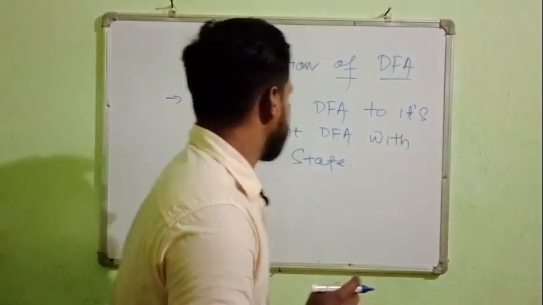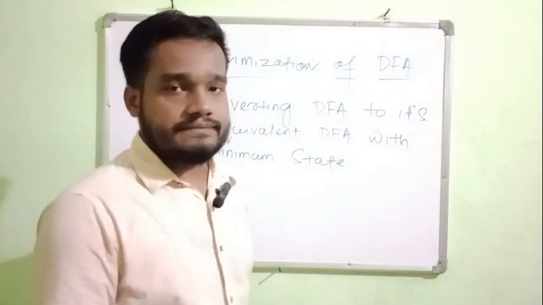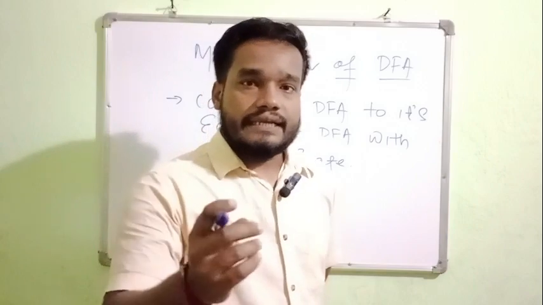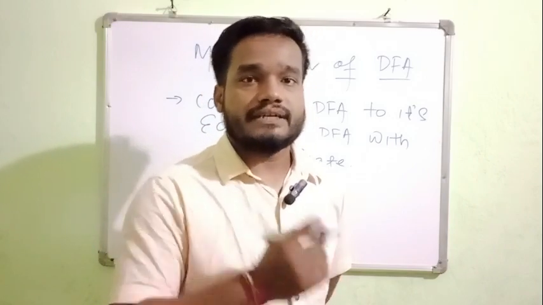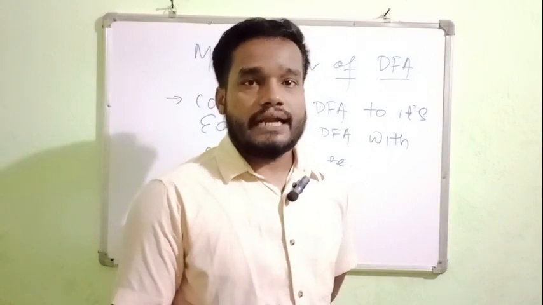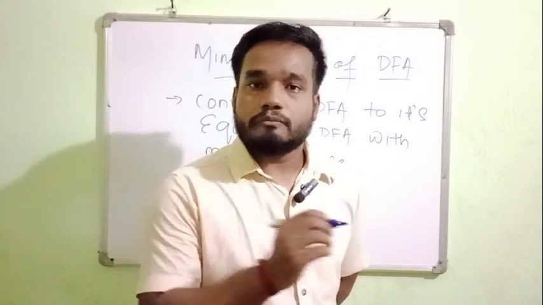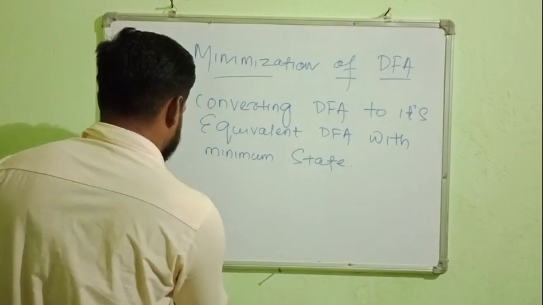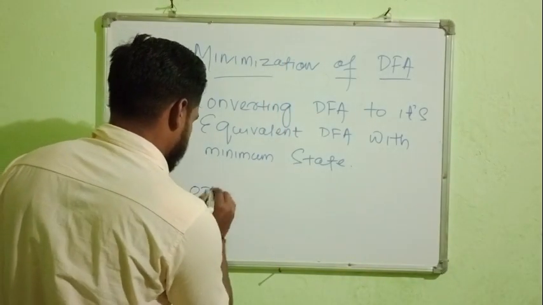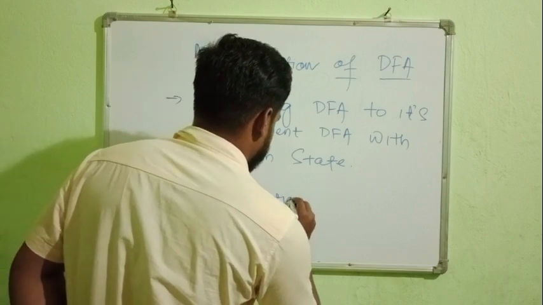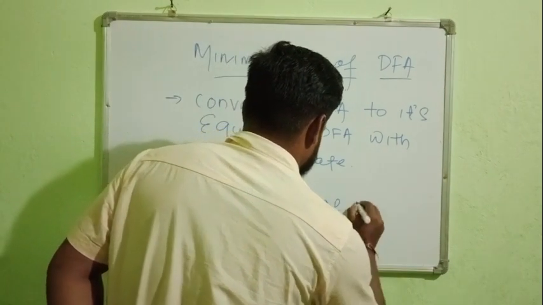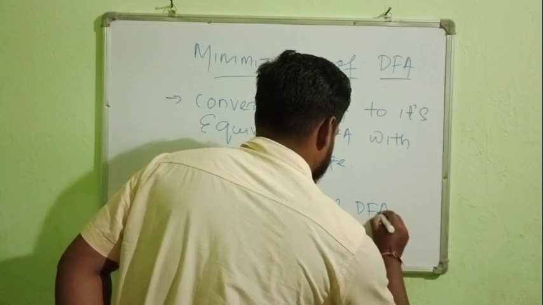So converting the DFA to its equivalent DFA with minimum states is known as minimization of DFA, and it is also known as optimization of DFA.